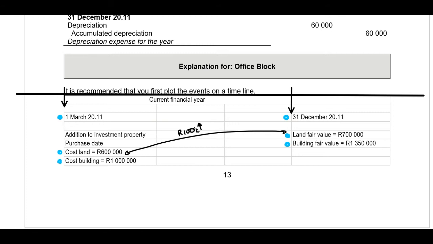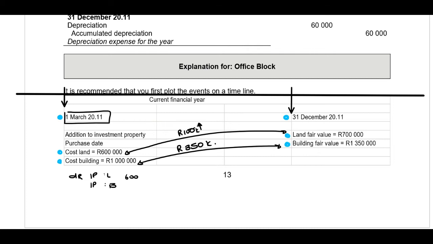Our building's fair value increased with an amount of 350,000. And when you look at the journals at the bottom, remember on initial recognition, we will debit our investment property land, investment property building with 600,000 and the 1 million. We will credit most probably bank, I assume, right?